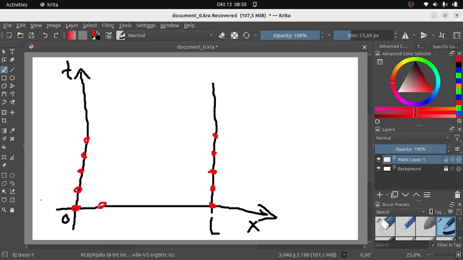And these here at t equals 0 are also known because they are our initial field configuration.